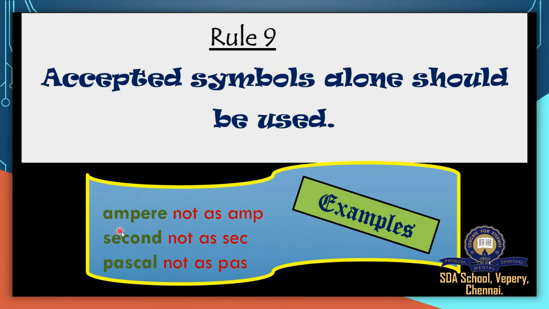Likewise, second. This is the major mistake all students make. For second, many students will write SEC. This is a wrong format. You should write the whole word second, or the capital S, which denotes seconds. Likewise for Pascal, not as pass.